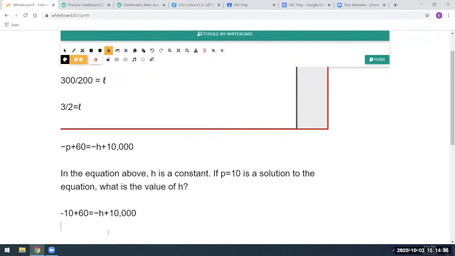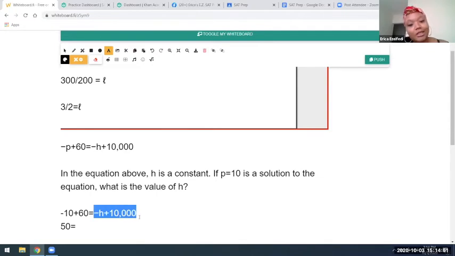We do negative 10 plus 60 first. What would that be? That would be 50. Yep. So, again, I'm only going to change one thing. Now we have 50 equals negative H plus 10,000. What's the next thing we do?